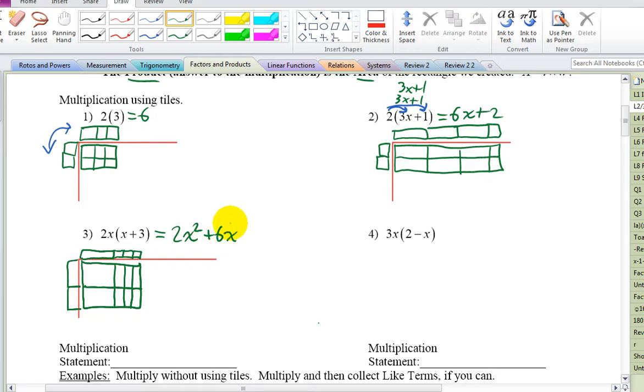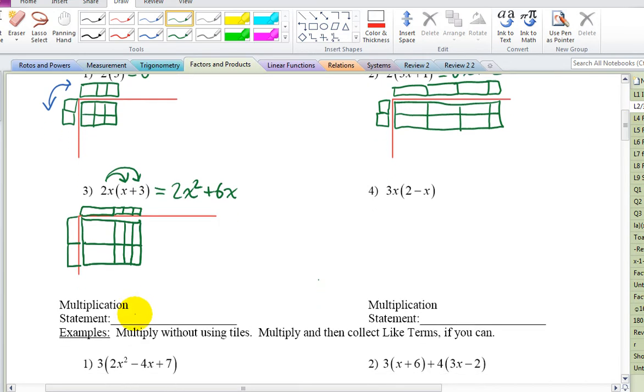So what we did is we multiplied the 2x by both parts. Now for the multiplication statement, you can see at the bottom, I should just rewrite the whole thing. Don't be lazy. I want to see everything. 2x squared plus 6x.